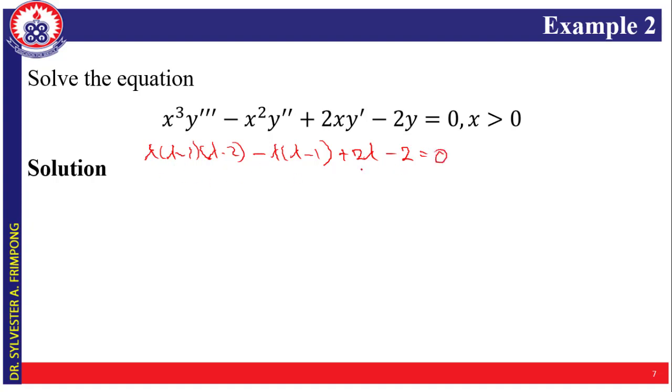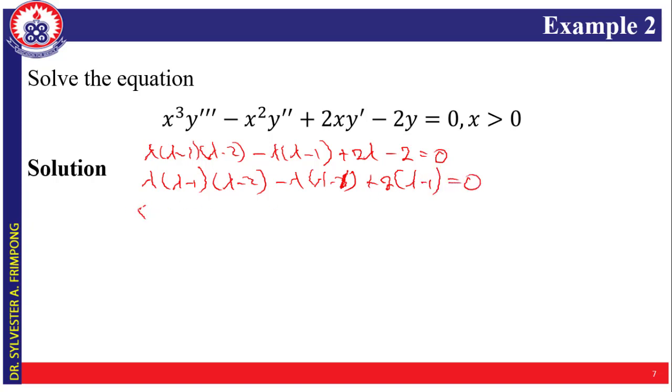So lambda minus 1 is common to them. If you factorize, you can see I have lambda minus 1 here, and minus lambda into lambda minus 1, and I have plus 2 into lambda minus 1 equal to 0.